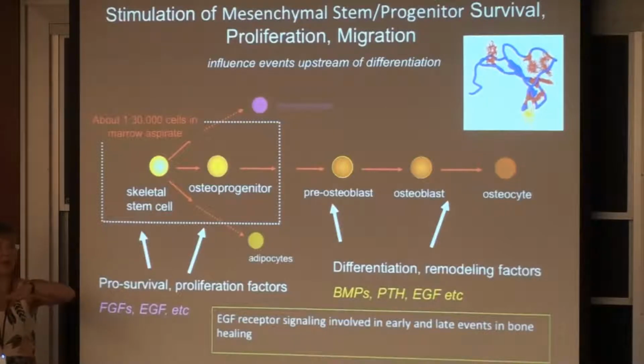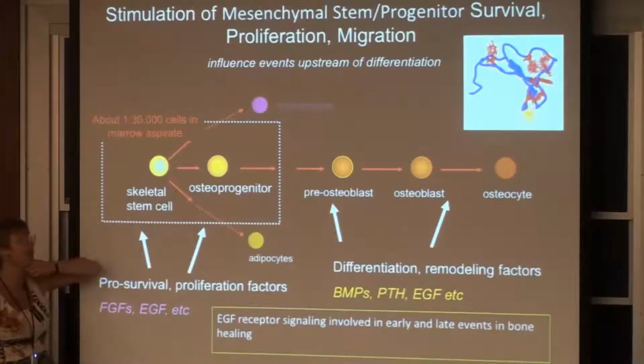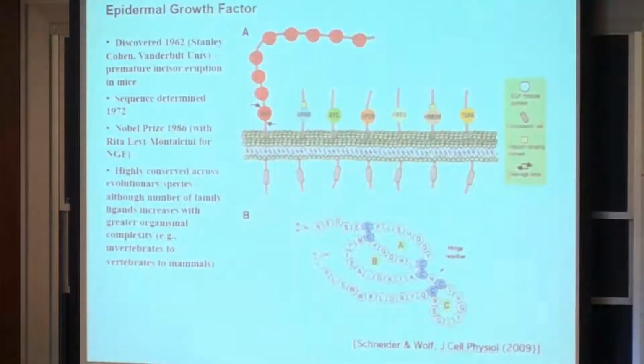But there have been a couple of studies of how you could derive colonies in serum-free medium. It turns out if you plate on fibronectin and you add EGF, you can derive the colonies. So EGF alone is sufficient to get the colonies. So it's a very important growth factor for early progenitor function. So we've been coming back to that EGF question.